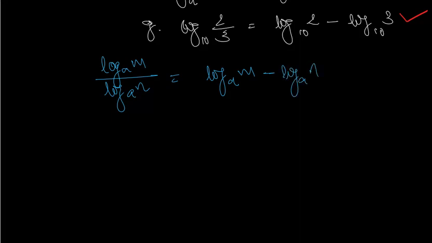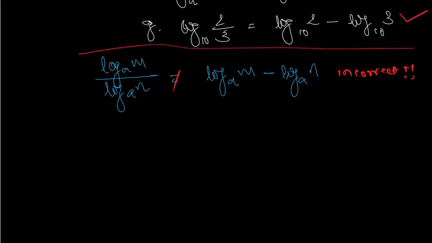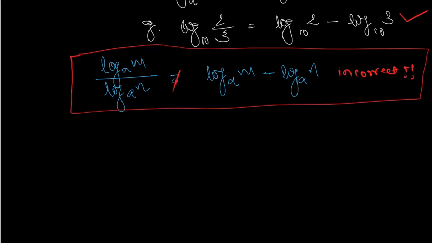If someone would ask me, can this be correct? This is absolutely not correct. This is incorrect. So this is one of the incorrect identities. You cannot use the quotient rule in this manner.